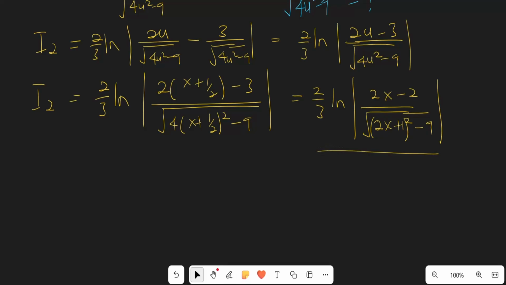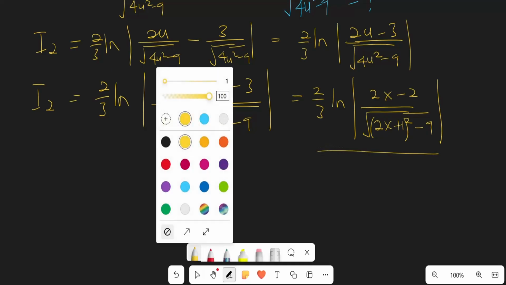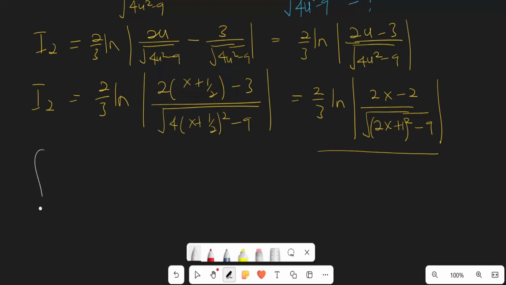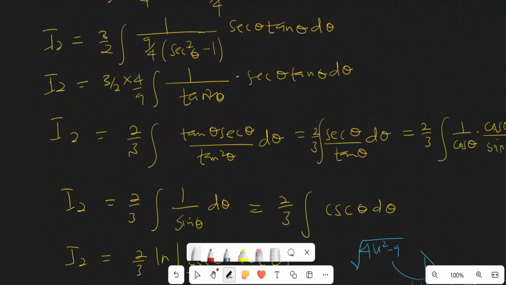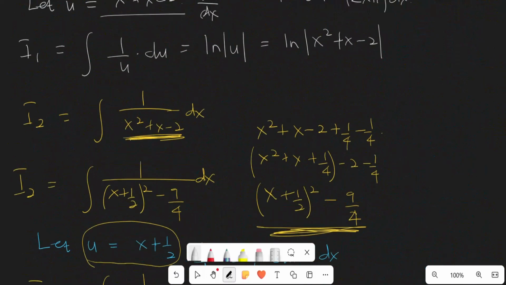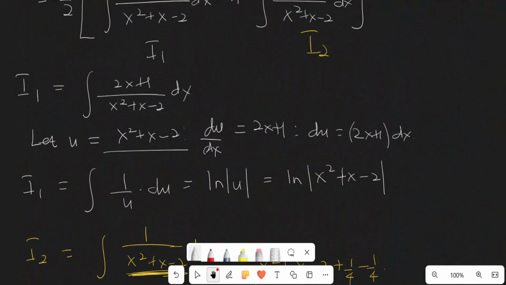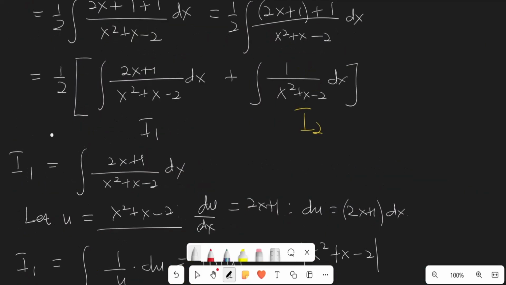Now we can find our original integral, which is the integral of x plus 1, what we are asked to find, over x squared plus x minus 2 dx. And that should be equal to what? That was equal to I1 plus I2, multiplied by half.